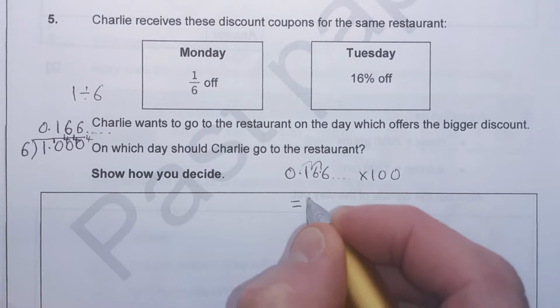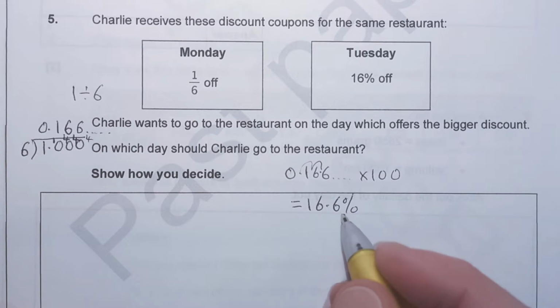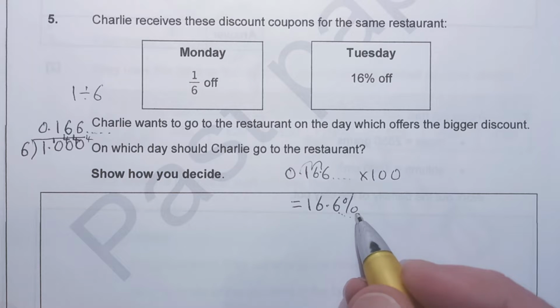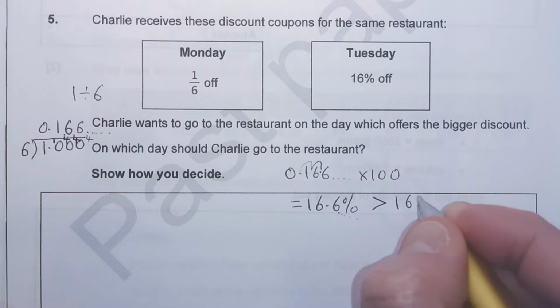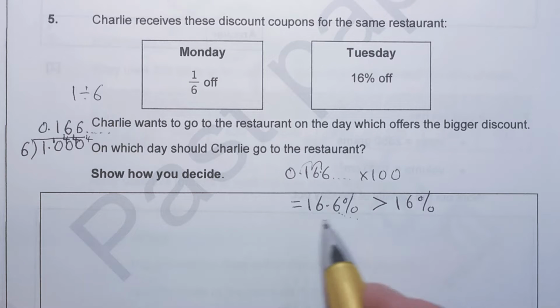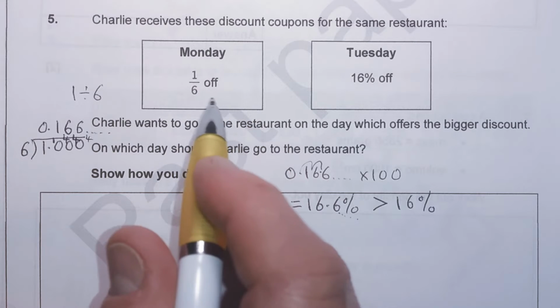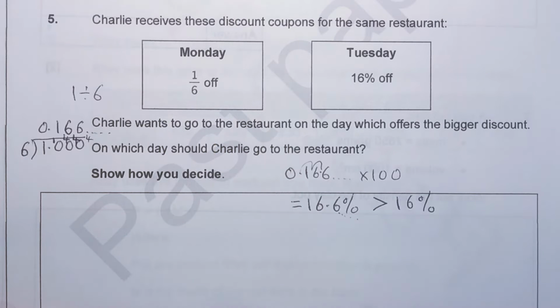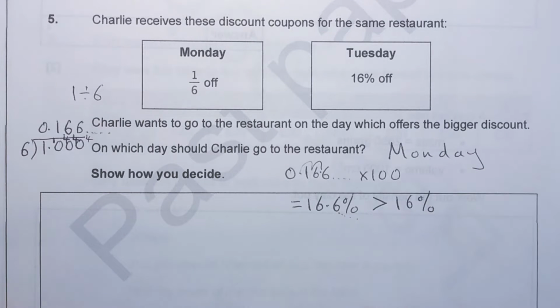So in other words, we're going to get 16.6%, which hopefully, even though this number might be continuing, we can already see 16.6% is more than 16%. So this has got a bigger discount, so they should use the Monday discount coupon. So which day should they go? Monday.